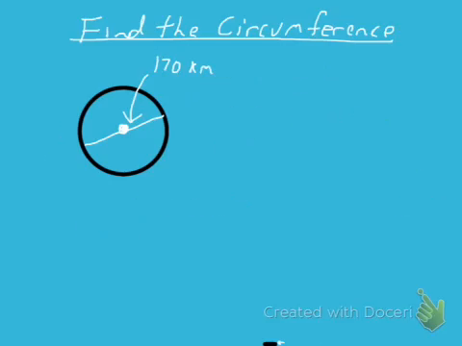Alright, so let's practice. Here you have a circle. Now, you need to decide: this 170 kilometer line, is this your diameter or is it your radius? It's your diameter. It goes all the way across. Remember, the circumference is C equals pi times D or 2 pi r.